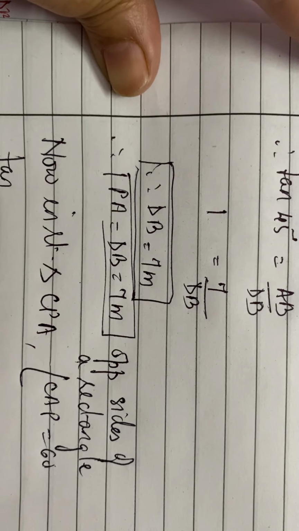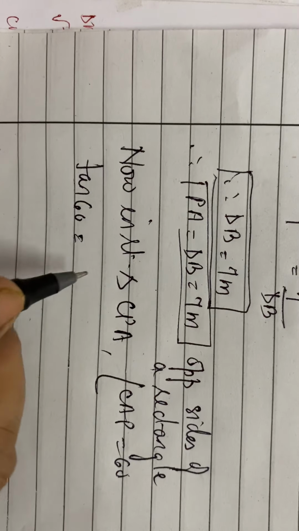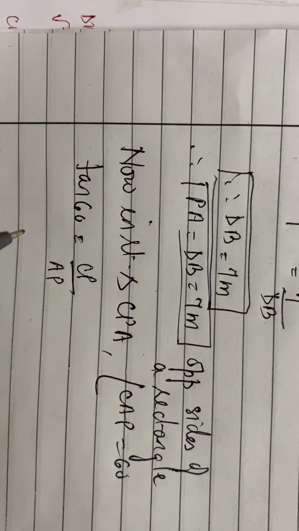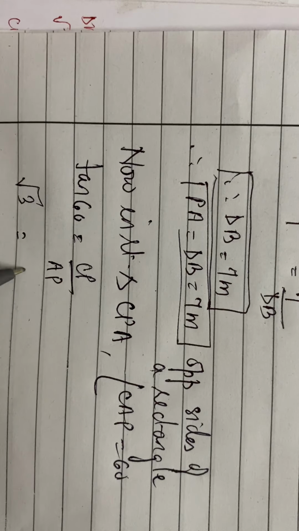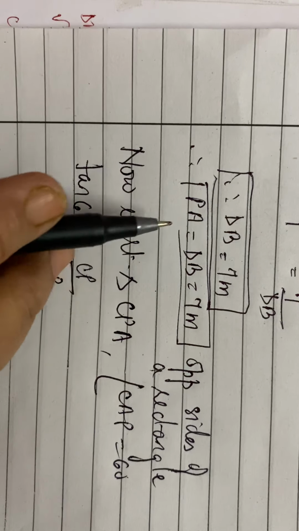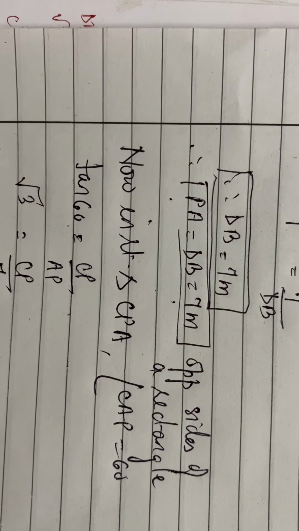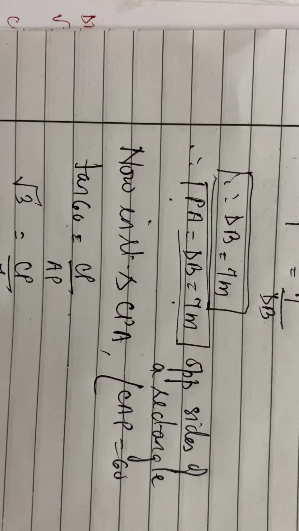So tan 60. Tan 60 will be again opposite, opposite is CP, adjacent is AP. Tan 60 means root 3. CP you have to find out. AP is nothing but, see, this AP is 7. So therefore CP will be equal to 7 root 3 meter.